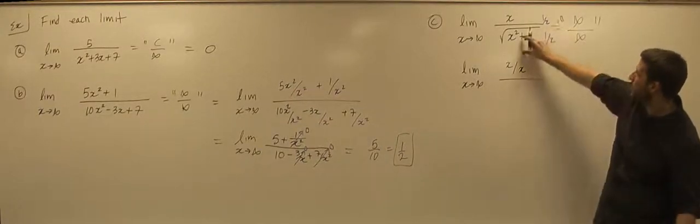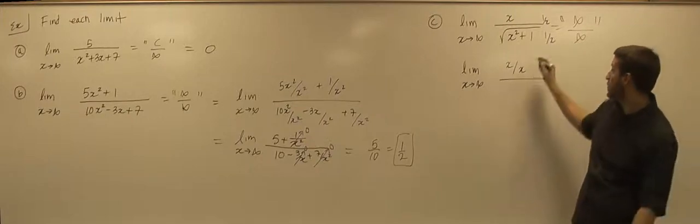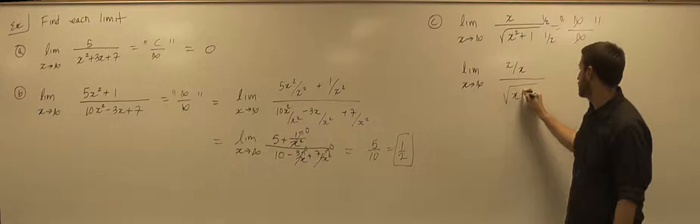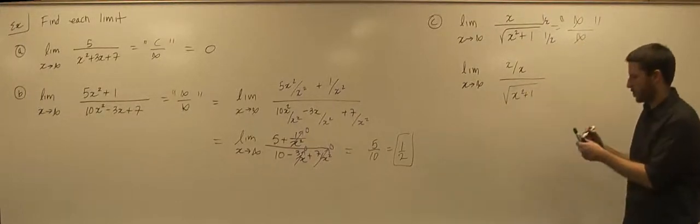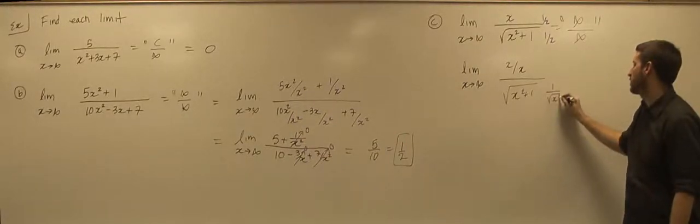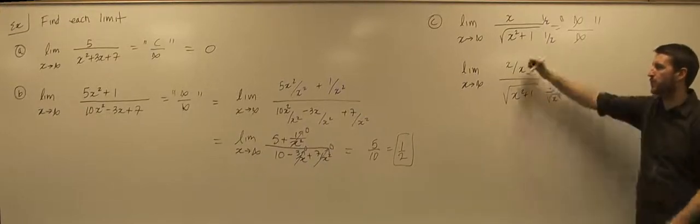So to get the x into the root, what is this x going to become when it goes into the root? x squared. Right? So actually what you have here is 1 over root x squared. You rewrite the x as root x squared, and then it can move into the root.